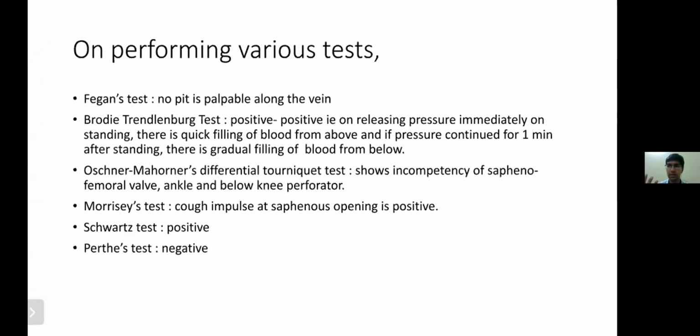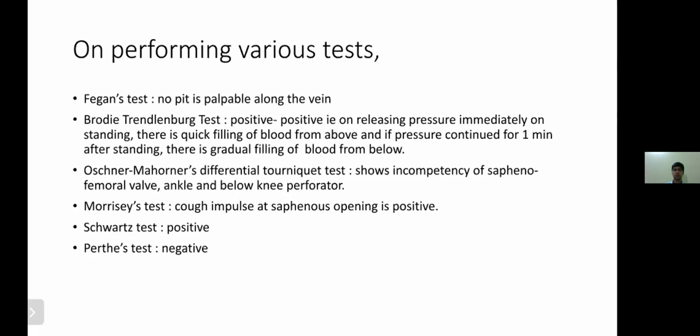Now moving on to the test. How will you do the Brody-Trendelenburg test? What are the parts of it and how will you do it? There are two parts of the test.